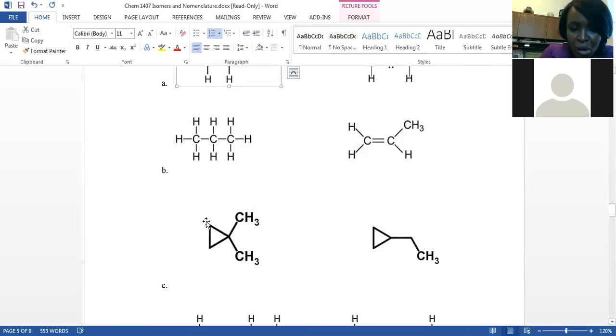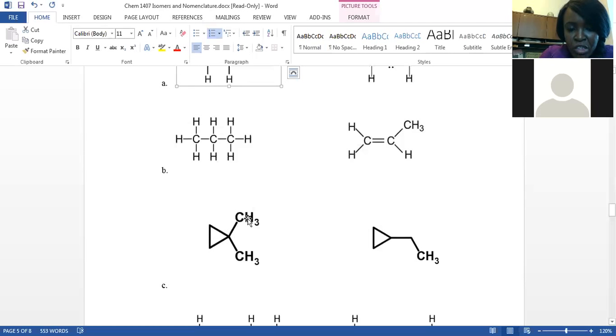So I'm going to count the carbons first. 1, 2, 3, 4, 5. So for 4C, we have 5 carbons. Each corner counts as a carbon, and each end of a line counts as a carbon if the atom there is a carbon. So 1, 2, 3, 4, 5, 5 carbons.